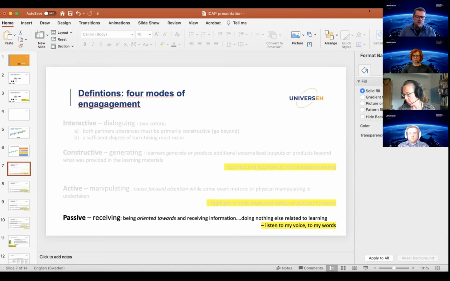They are receiving some kind of information. So in this moment, I am orienting my students towards a phenomenon or towards information I think is important for them. But the definition is still that they are not doing anything observable about this information.